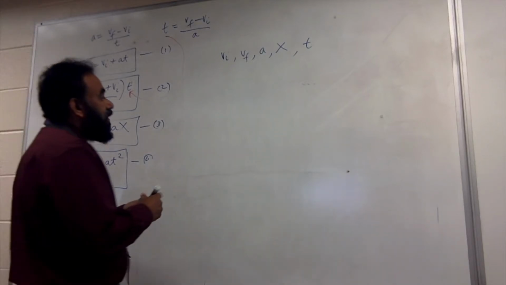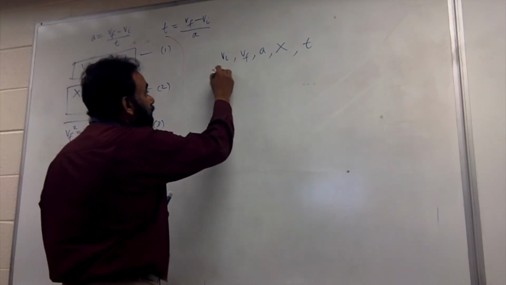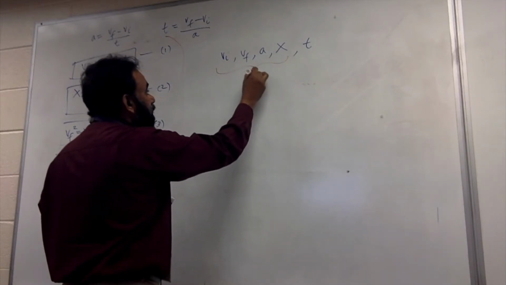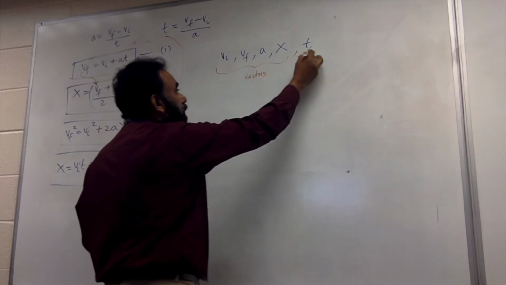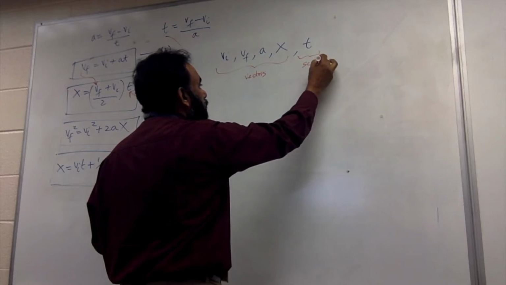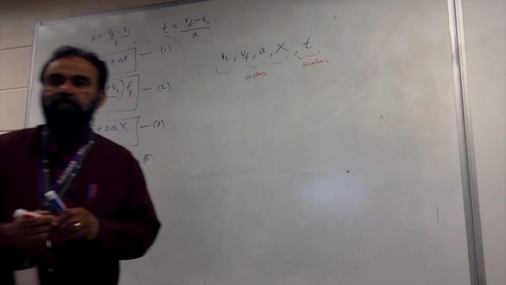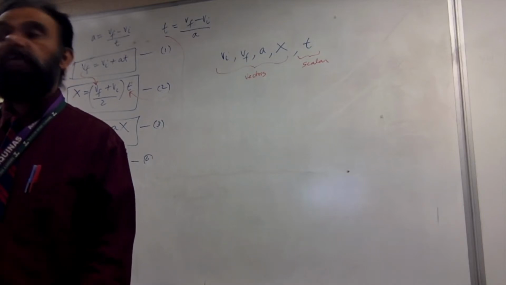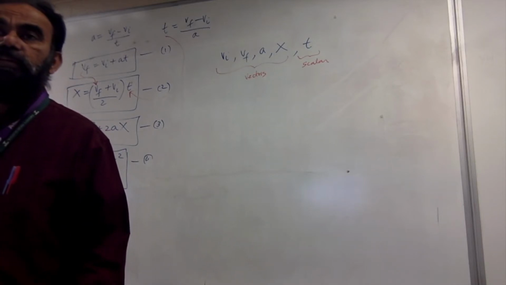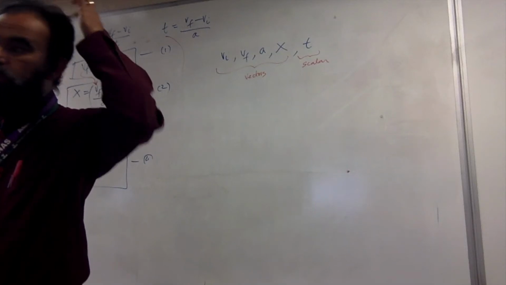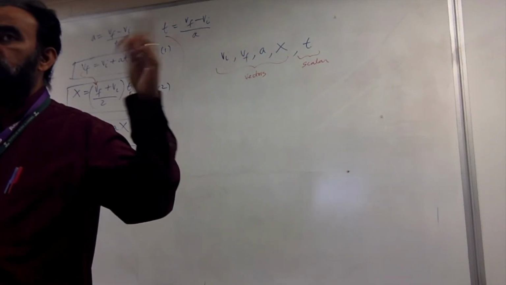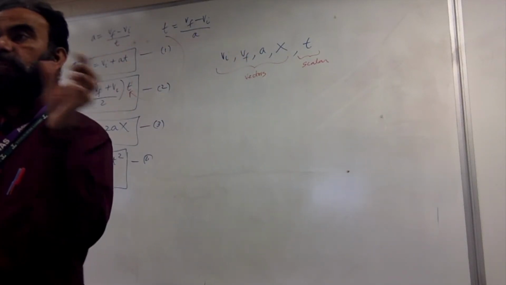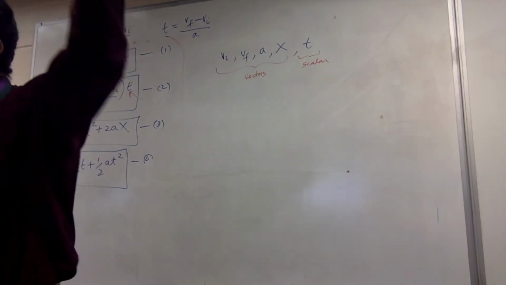Very good. That means time cannot be negative. So in case you bump into a quadratic equation and you get a negative time and a positive time, take the positive time, throw away the negative time.